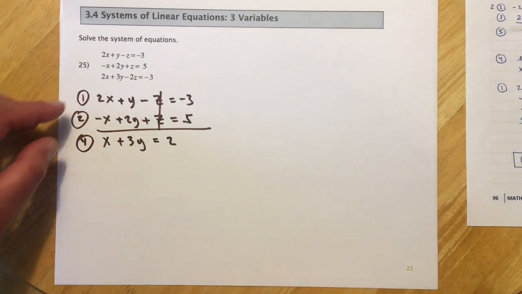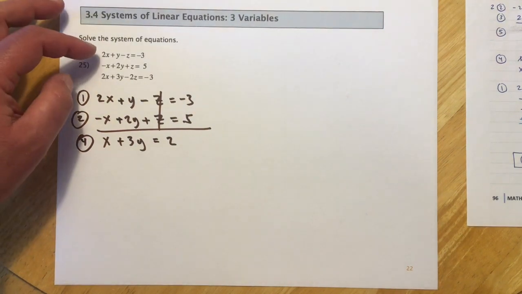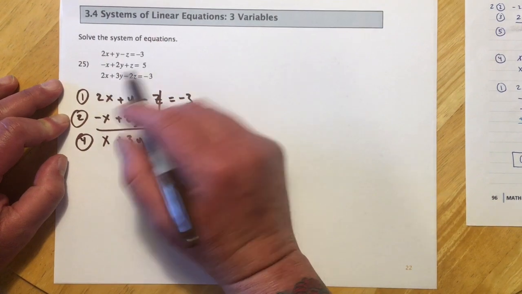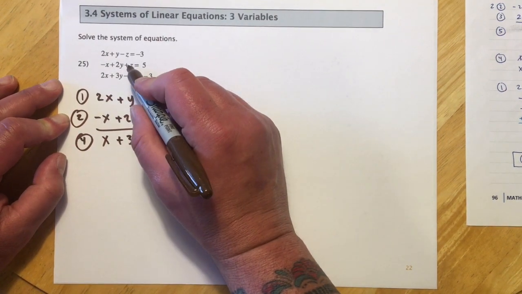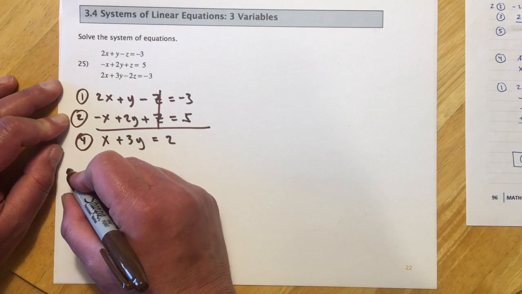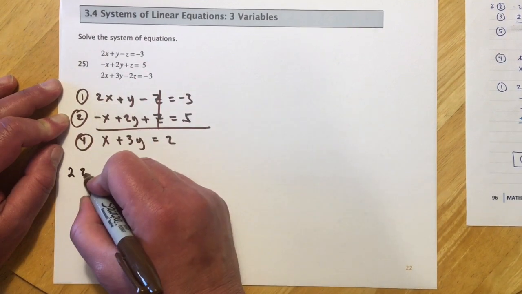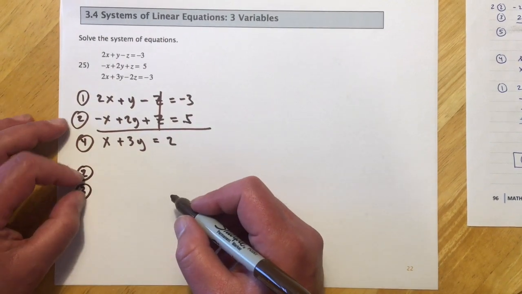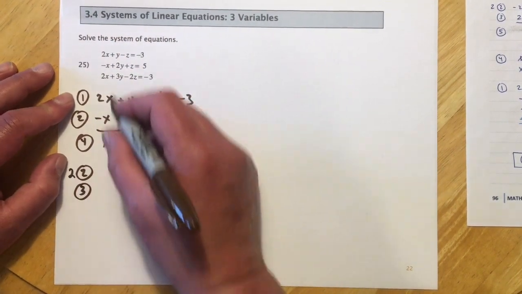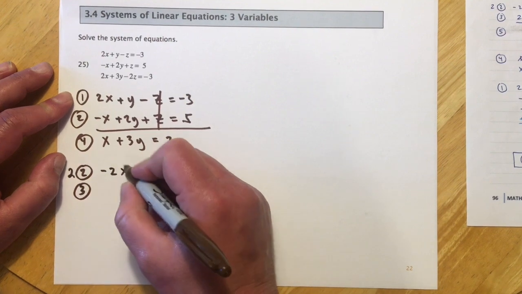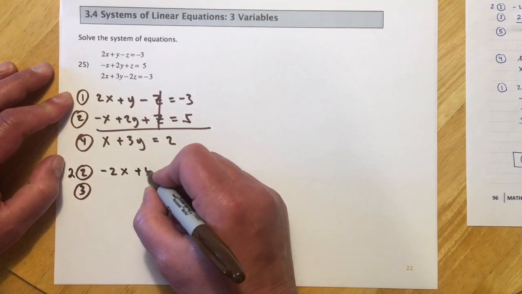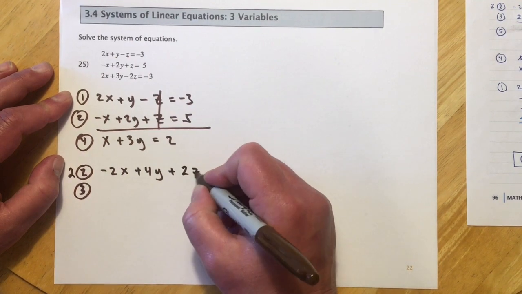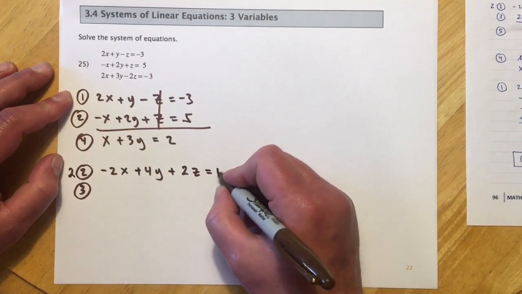And now I have to pick, I've used 1 and 2, so I can either do 1 and 3 or 2 and 3. I'm going to pick 2 and 3 just because I have to eliminate this negative 2, so I like that that's a positive z. So I'm going to go 2 times equation 2, and then I'll add to that equation 3. So I'm picking a different pair, but eliminating the same variable. So that's going to go negative 2x, 2 times 2 plus 4y plus 2z equals 2 times 5 is 10.